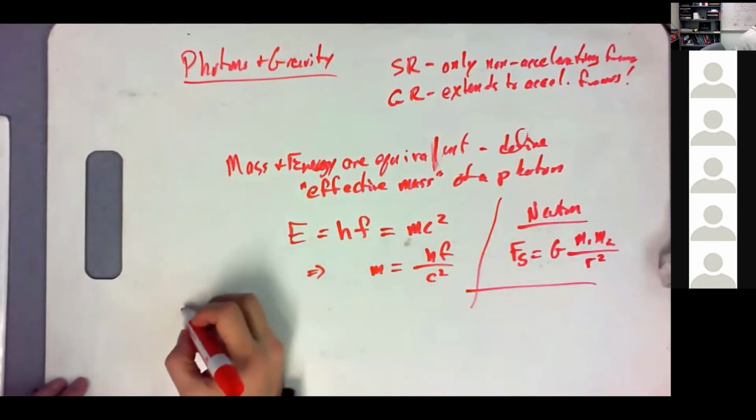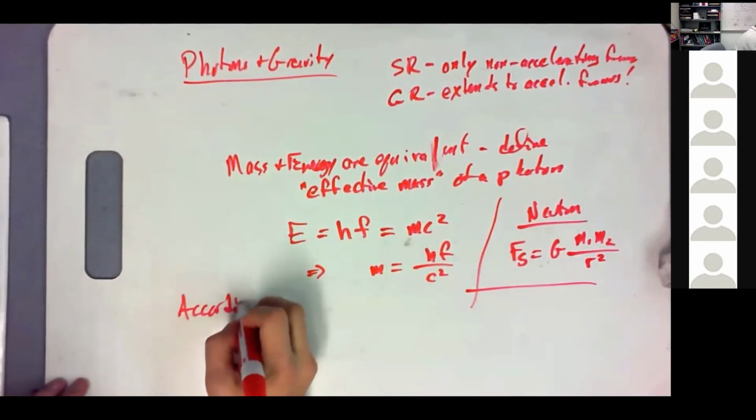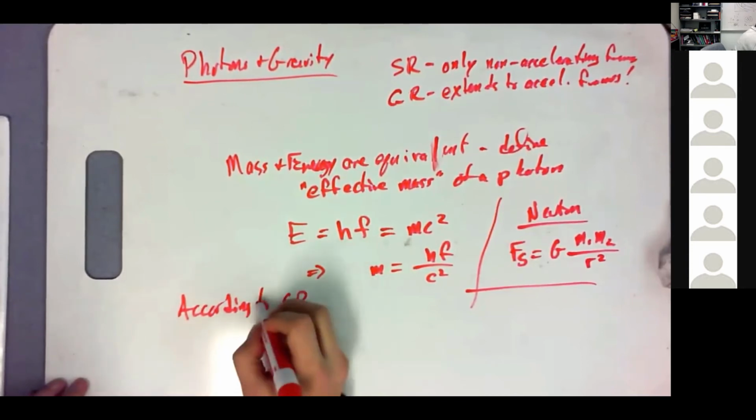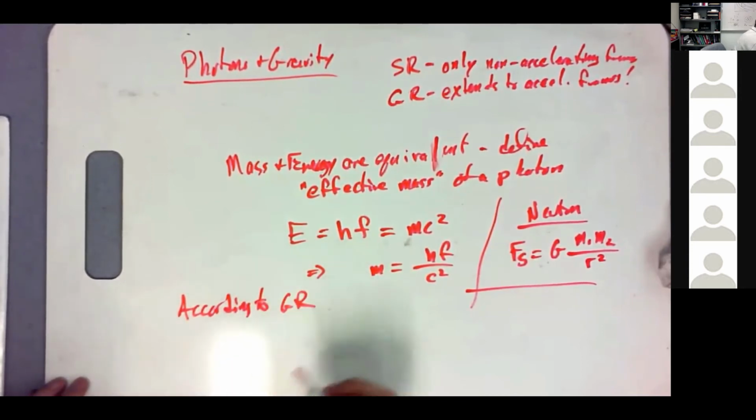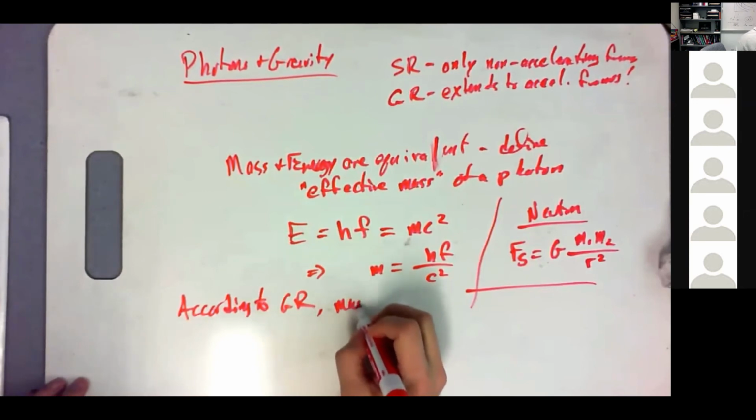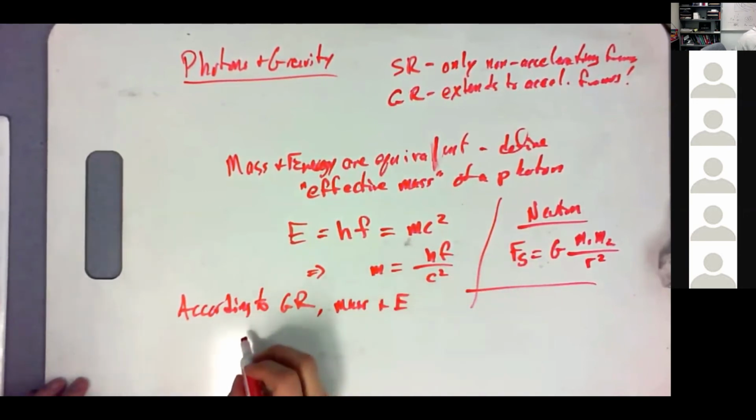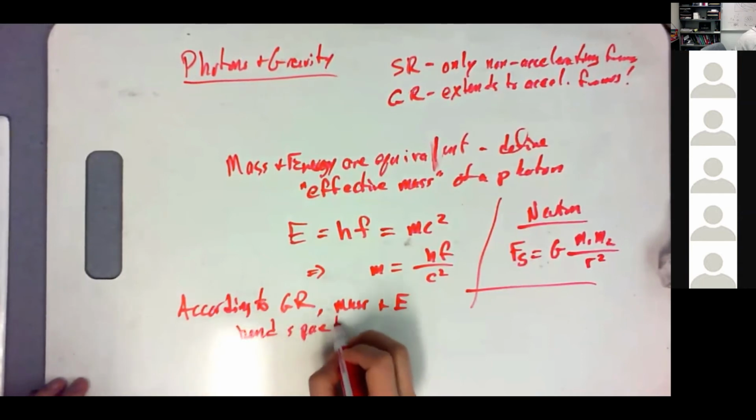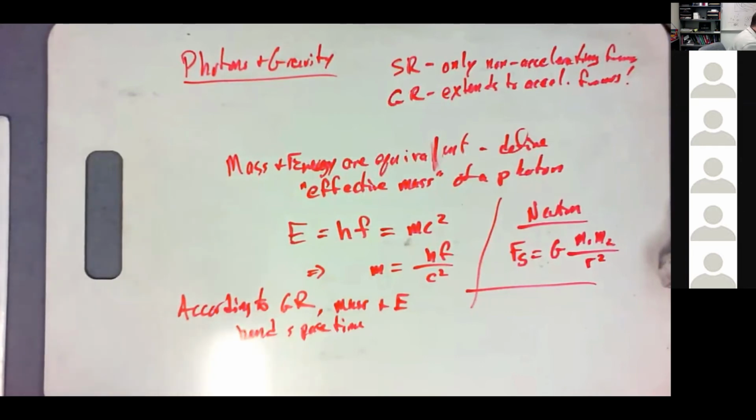According to GR, mass and energy bend space-time. Photons are no exception. And so space-time itself has some curvature, and gravity is nothing more than objects trying to move in a straight line through that curved space, right?